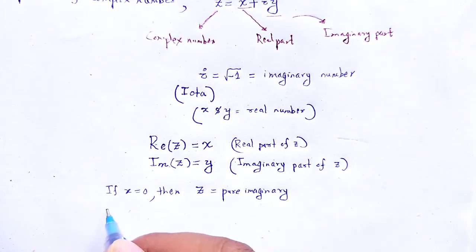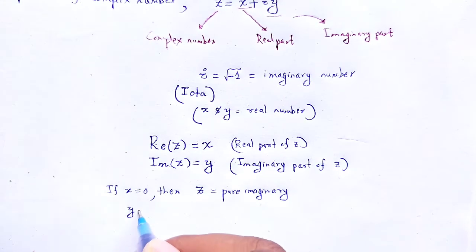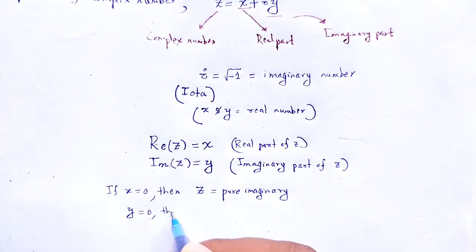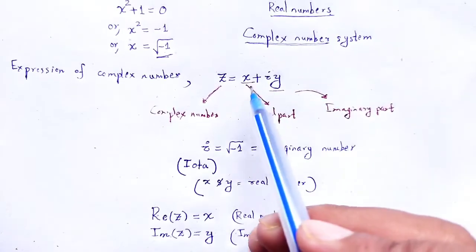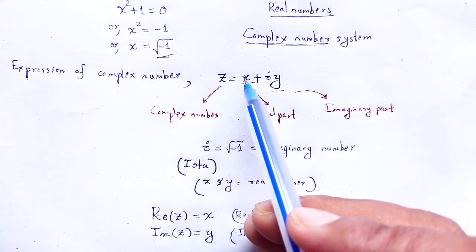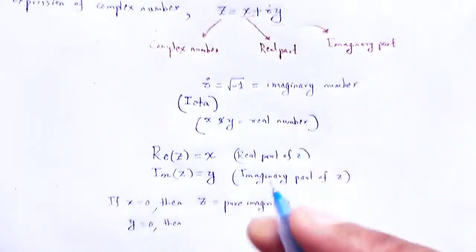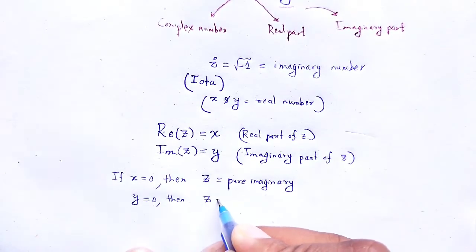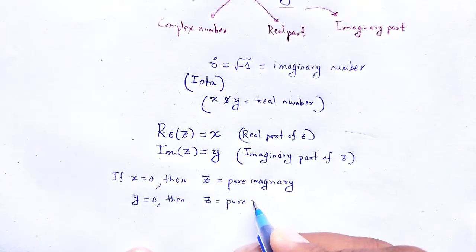Similarly, if y is equal to 0, then that complex number is said to be pure real.